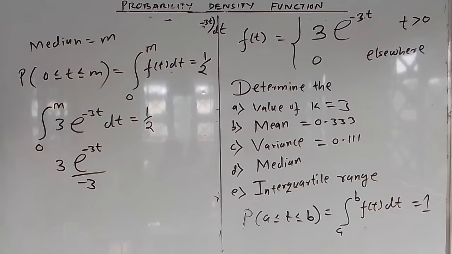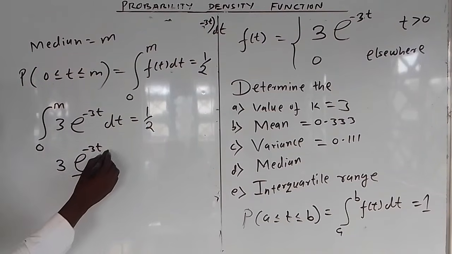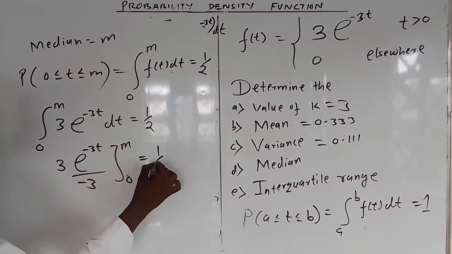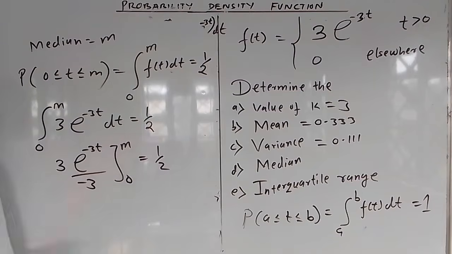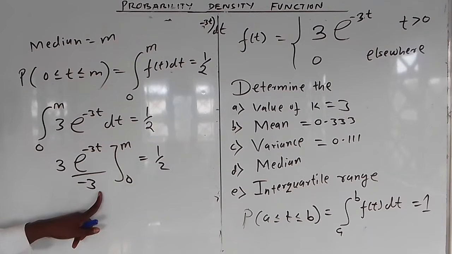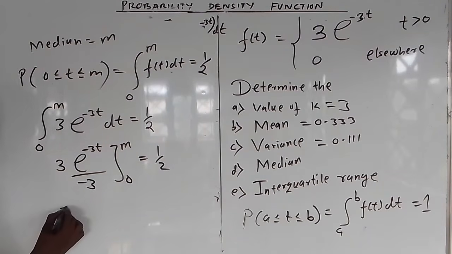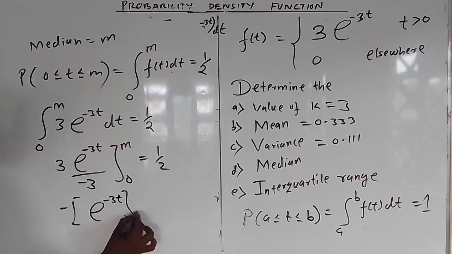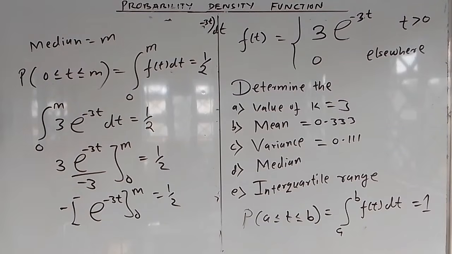The derivative of negative 3t is negative 3, isn't it? Then you put your limits from 0 to m, which equals a half. See, 3 will cancel with 3, so you remain with the negative outside. Then inside you have exponential negative 3t from 0 to m equals a half.